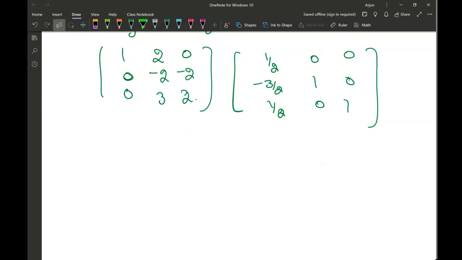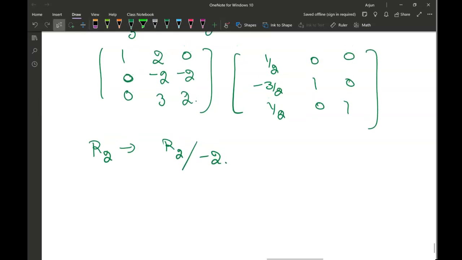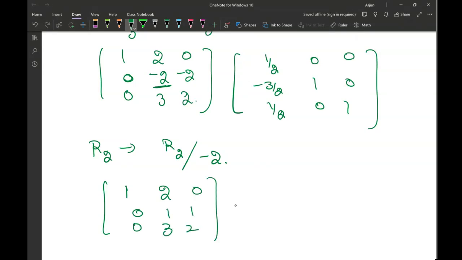And then the next step is I will apply R2 on R2, that is R2 divided by -2, because I wanted to convert this into 1 here, that's the objective. So 1 2 0, 0 1 1, and then 0 3 2.